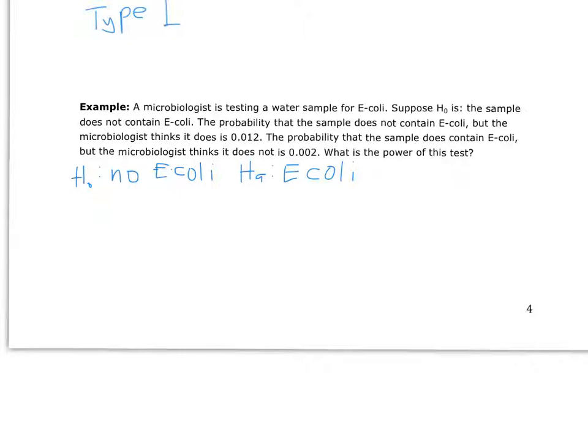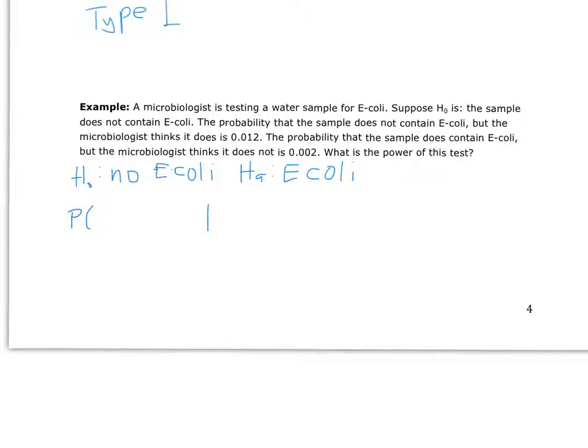So let's write down those outcomes in probability statements, in terms of what's happening with the null hypothesis. Okay, first one, the probability the sample does not contain E. coli. That is sort of the given event, and not containing E. coli is reflecting the null hypothesis. Okay, so that's the given event, so we can fill that part in.